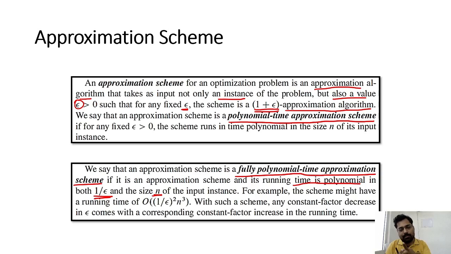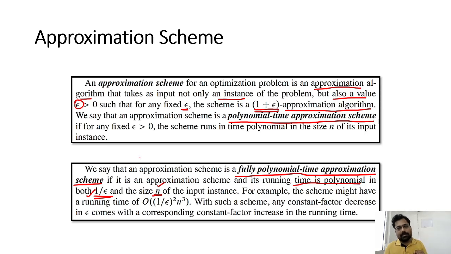For the fully polynomial time scheme, we have to take 1 by epsilon as well as the input size as the instance. Basically, previously we focused on the instance with the size of the input, and now one fixed portion is added, as we did in space complexity.